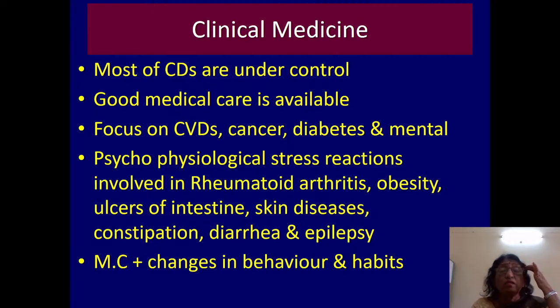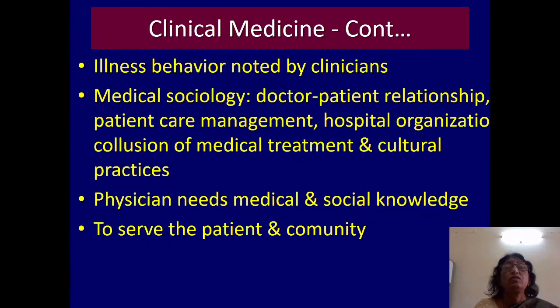So they wanted to find out changes in behavior and habits. So in clinical medicine, it is the illness behavior noted by the clinicians. Because the patients approach the clinicians, they wanted to find out their behavior during illness.